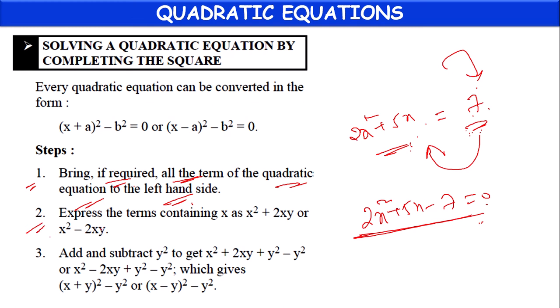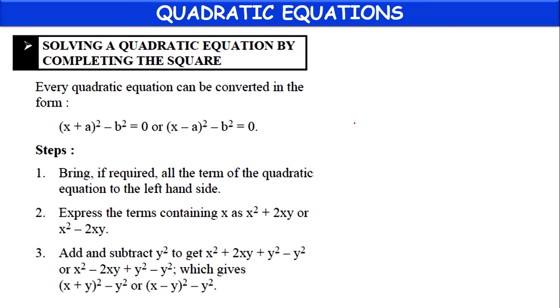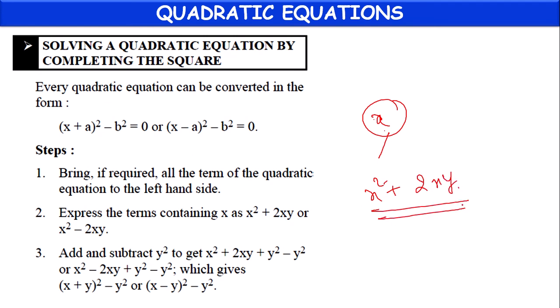Next, second step. Express the terms containing x as x square plus 2xy, or x square minus 2xy. First we bring everything to the left hand side, and after that the terms having x, the x square term or any other term, are to be written in the form of x square plus 2xy or x square minus 2xy.